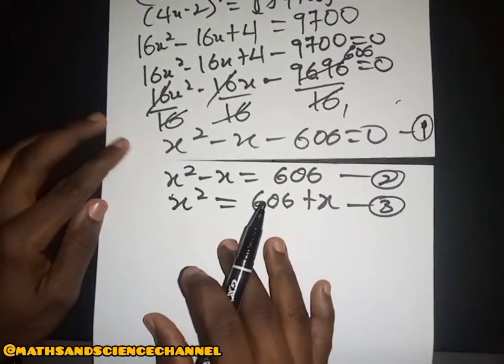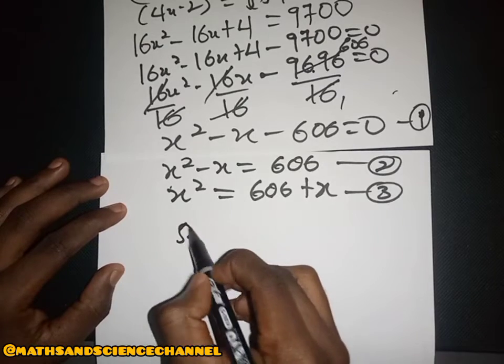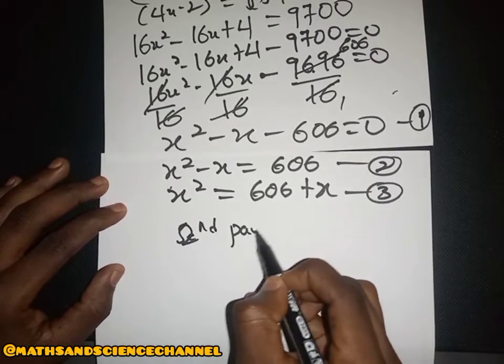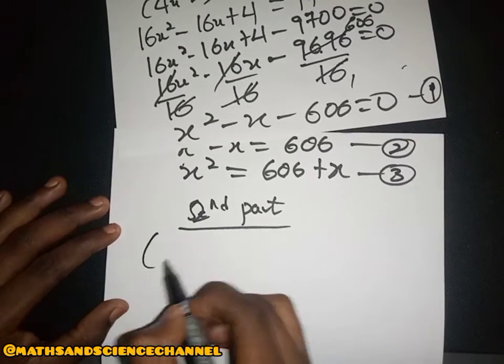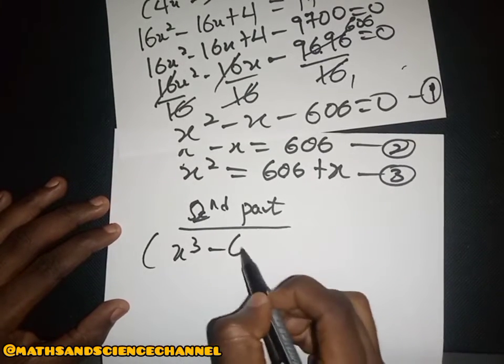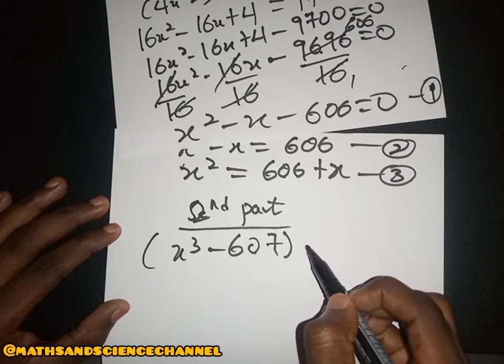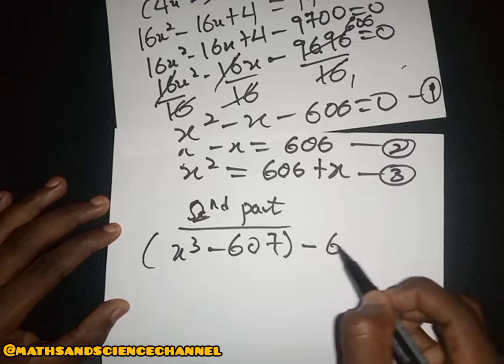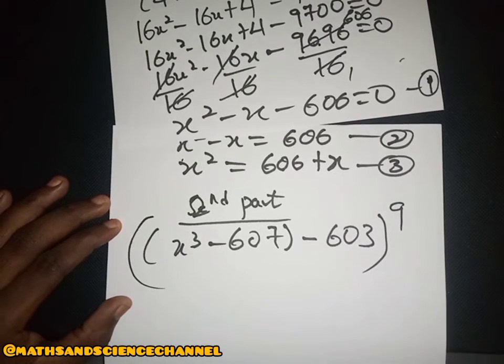So that is for the first part. Now for the second part, we have (x cubed minus 607x minus 603) all to the power 9, right?